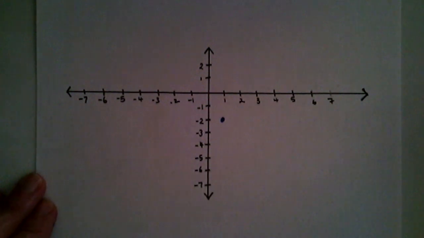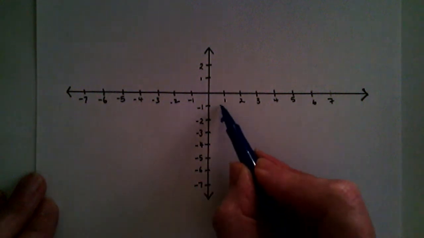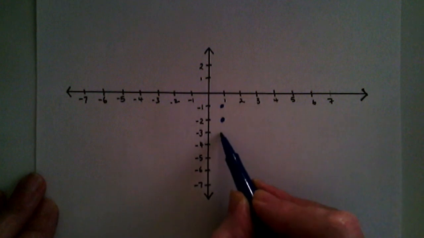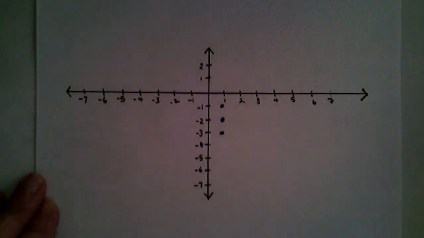Now, under the y, we had quantity y plus 2 squared over 1. So that means, what's the square root of 1, which is 1? We go up 1 from the center and down 1 from the center. And then we look at what the x is. And that's going to be 4.